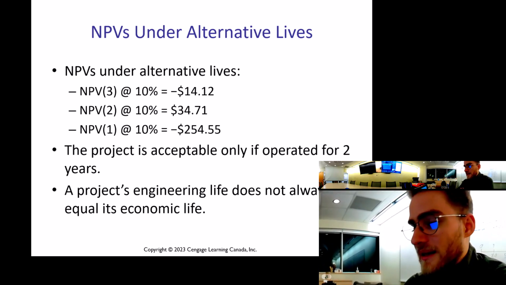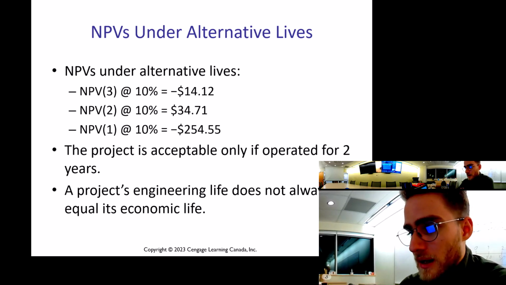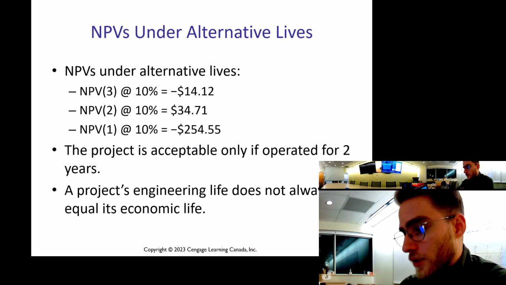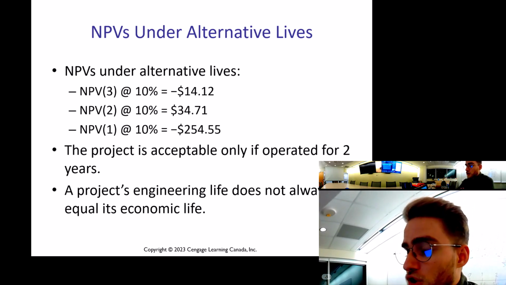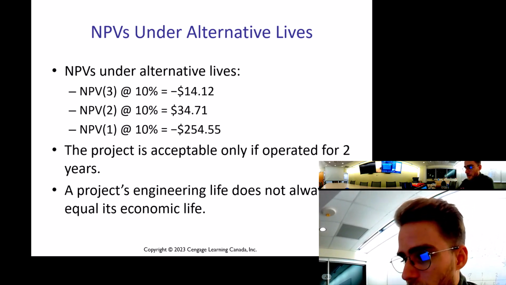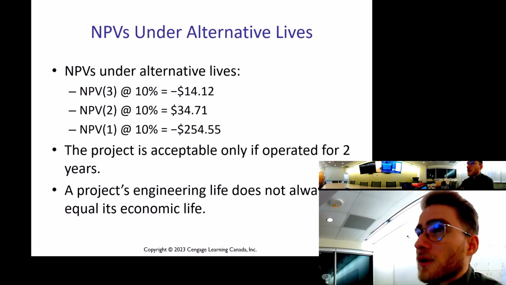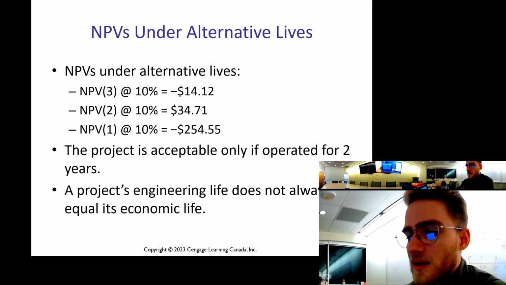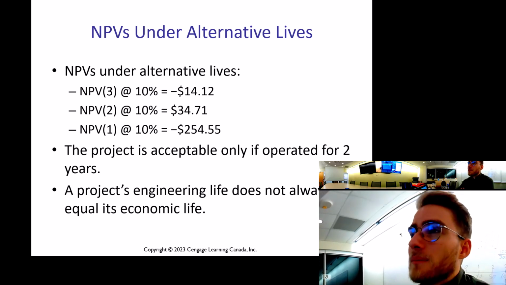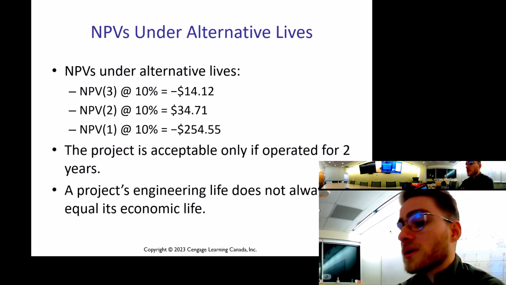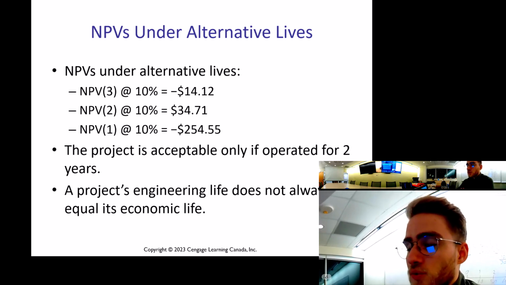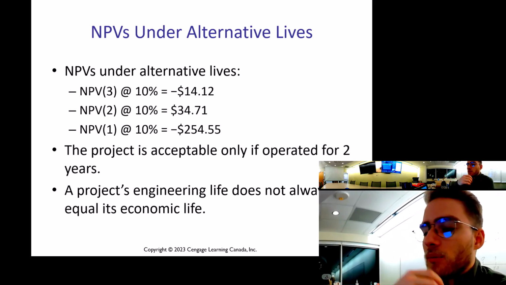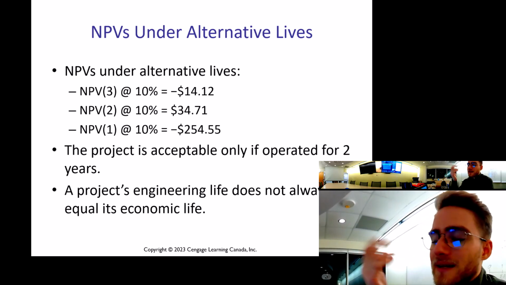If I terminate and sell the equipment at year 2, this project will provide $34 in value, in today's value, to the firm. But if I terminate right at year 1, it'll generate a $254 loss for the firm, right? So technically, it makes the most sense to buy our equipment, hold it for 2 years, sell it, and not run it down until it's worth nothing. Sell it when there's still 1 more year left of value on it, and we can maximize our earnings.